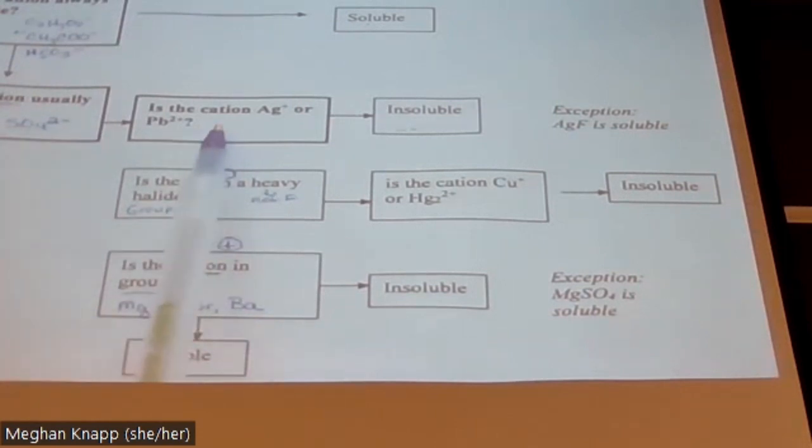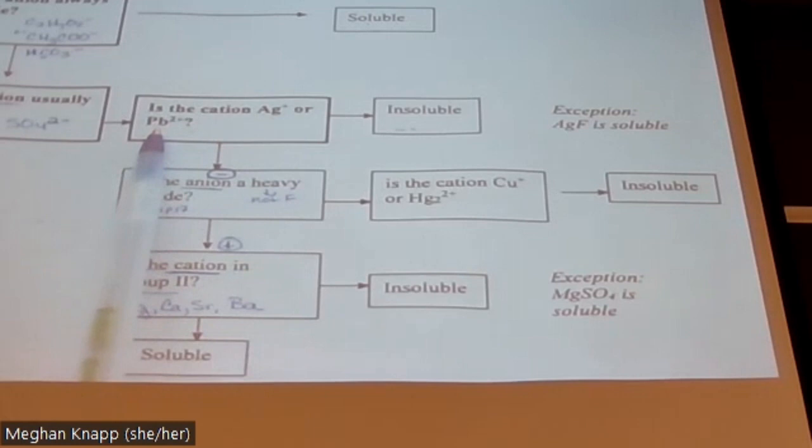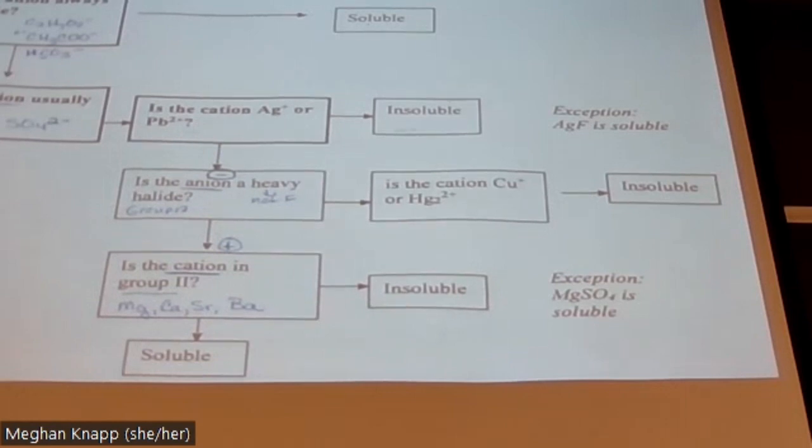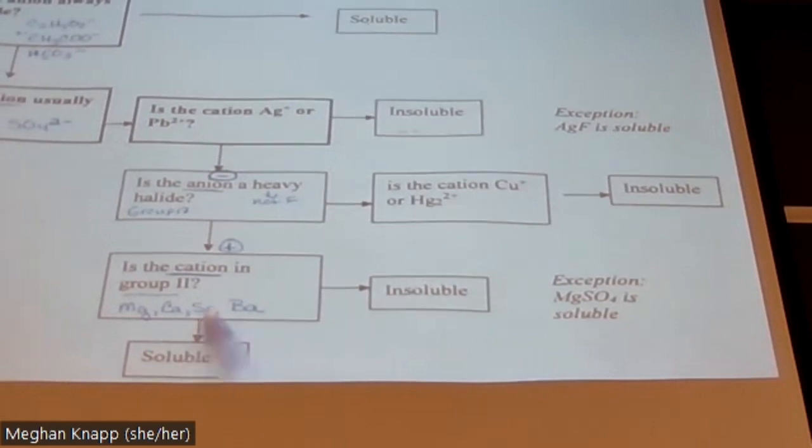It is not silver or lead, so I go down. The anion is not in group 17, so I go down. It is barium, so I would say yes to this. That means it's insoluble. And then if it is not one of these, let's say it's a transition metal, then it would be soluble.